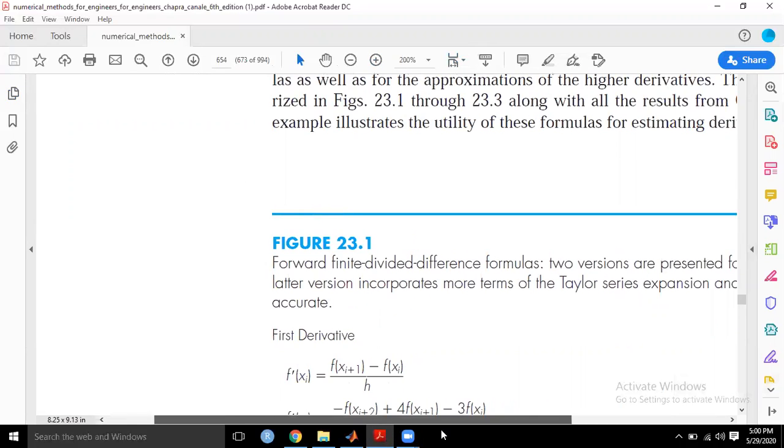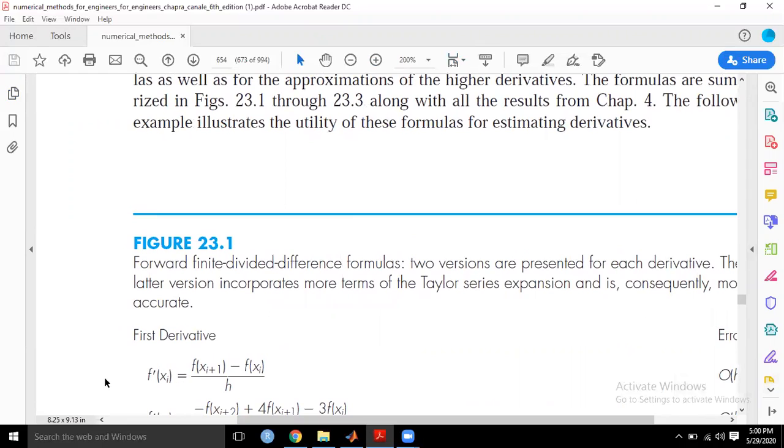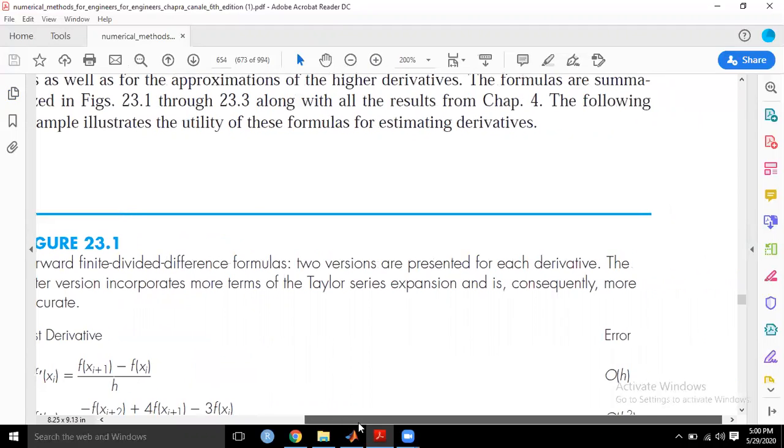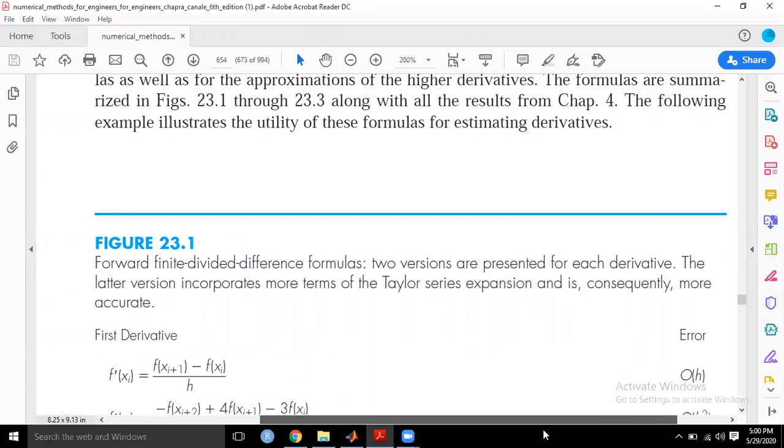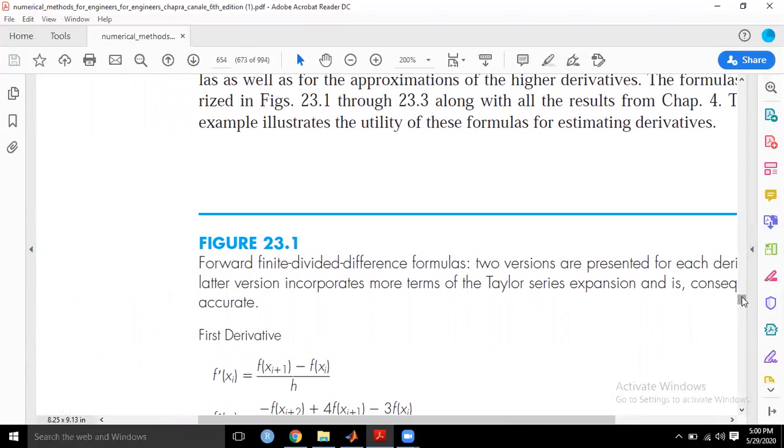When we are talking about the forward numerical differentiation, I stands for the index, so we are saying that the functional value at i plus 1, minus the functional value at the ith point, is divided by the difference between xi plus 1 and xi, which is the step size and which is called h. The order of the error is order of h.